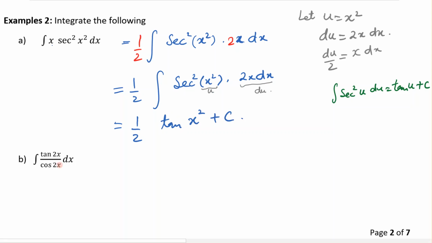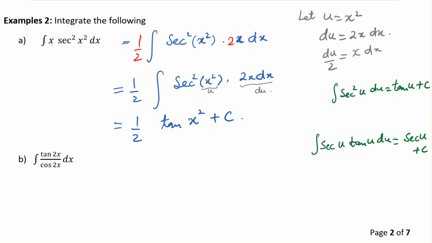In the next one, we have tangent 2x over cosine 2x. Recall that we have a trigonometric formula for when you have tangent and secant together: the integral of tangent u secant u du equals secant of the angle plus c.